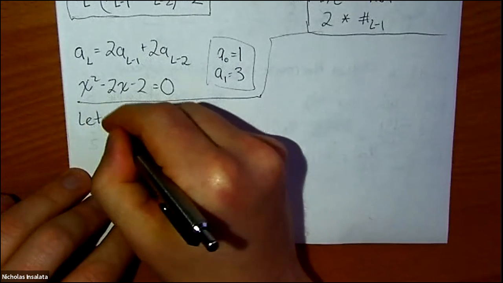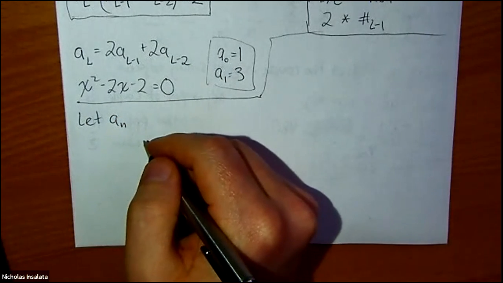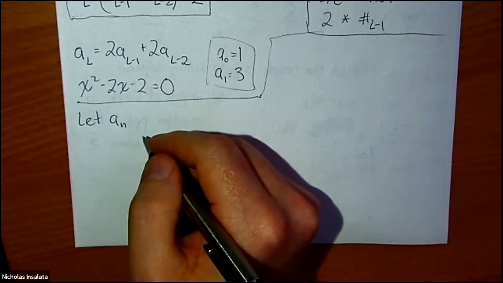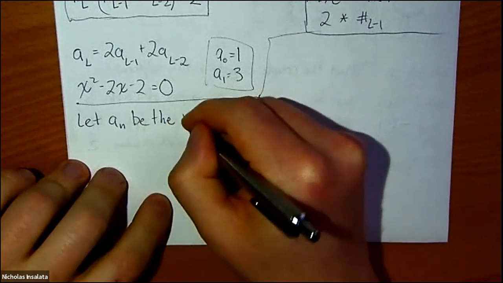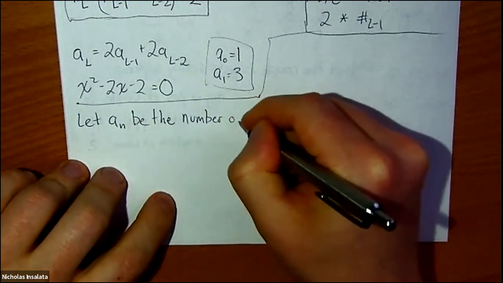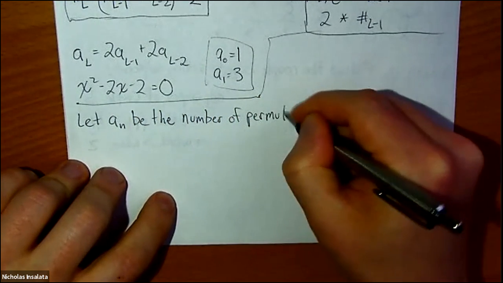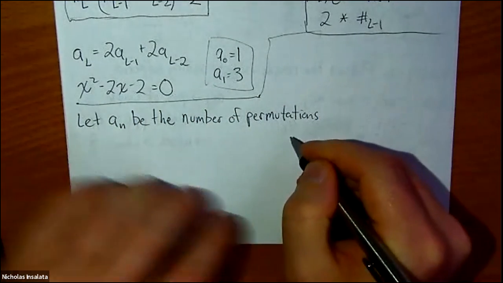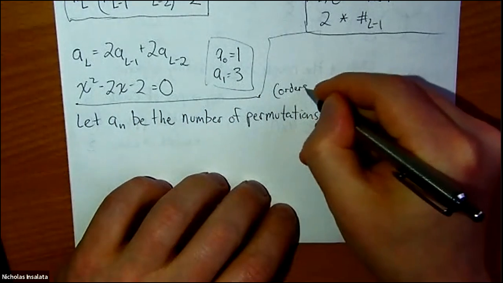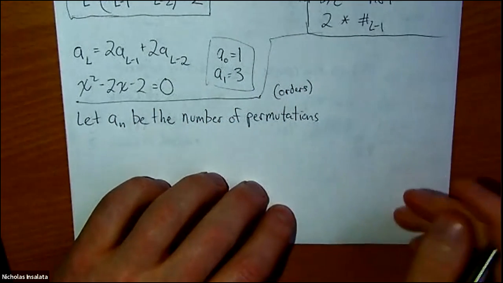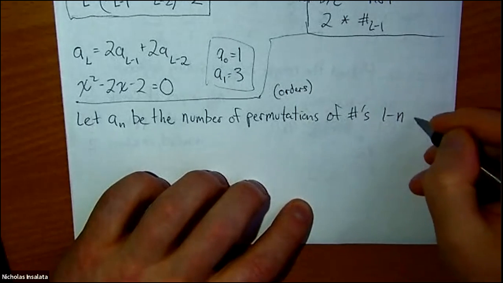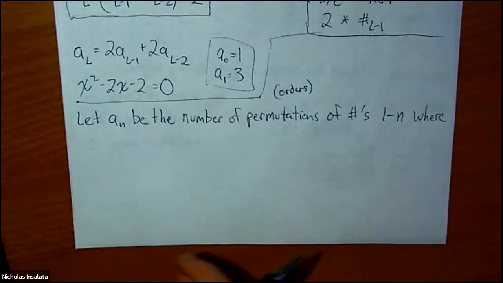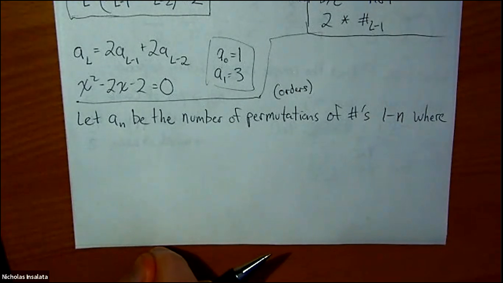So let a sub n be the number of permutations (remember, permutations means orderings) of numbers 1 through n, where no number is moved more than one place from its natural position.